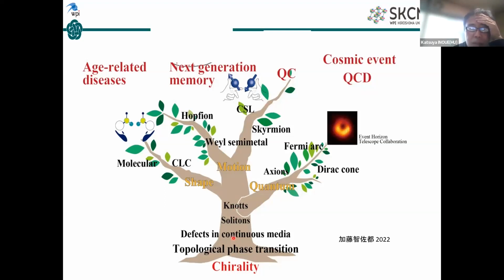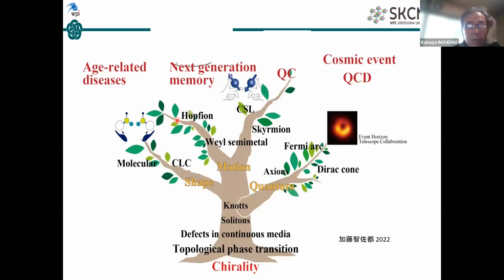But now we can extend to quantum chirality here, the QCD system, and the biological system, this branch and this branch maybe. Anyway, chirality can spread across many different scales.